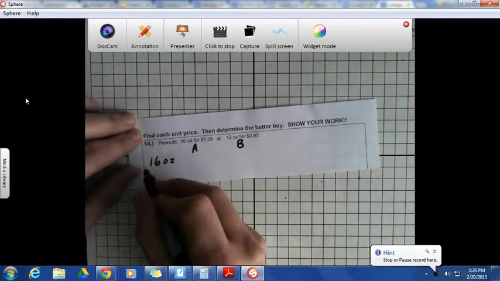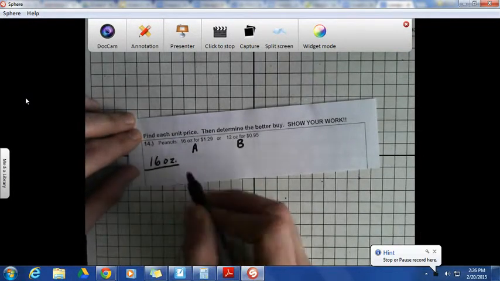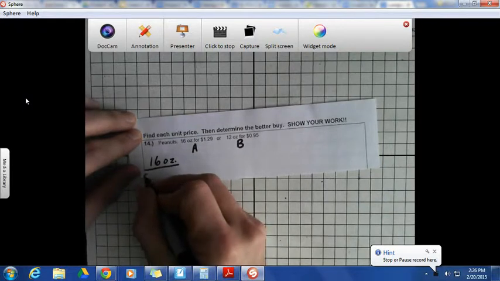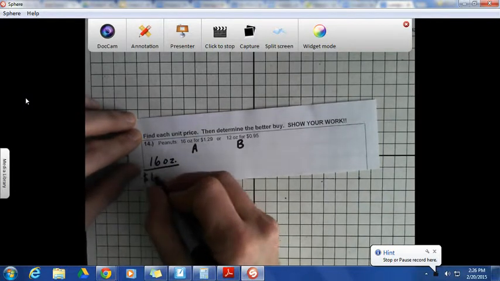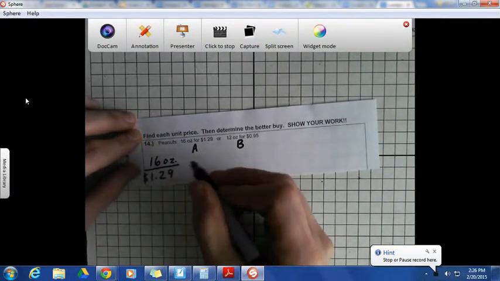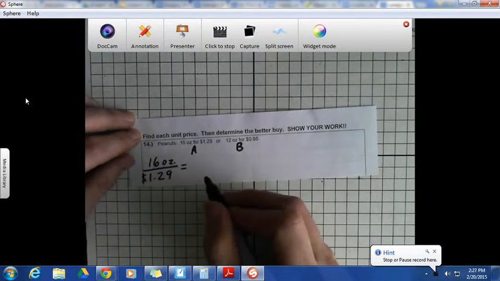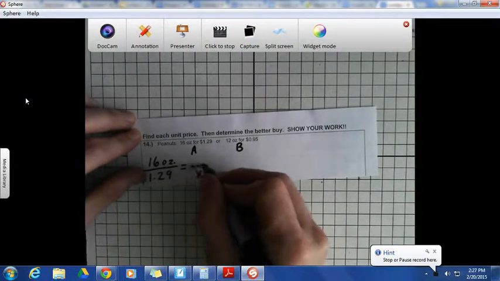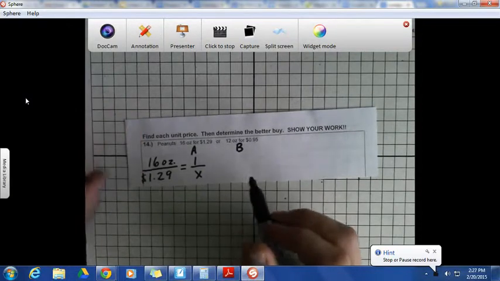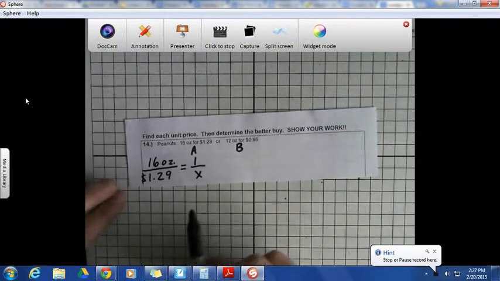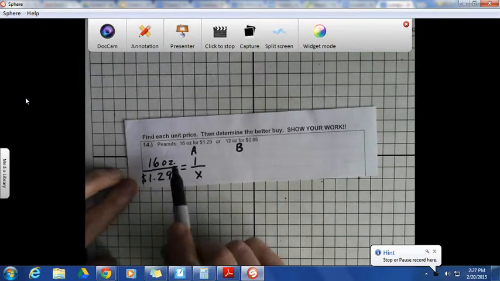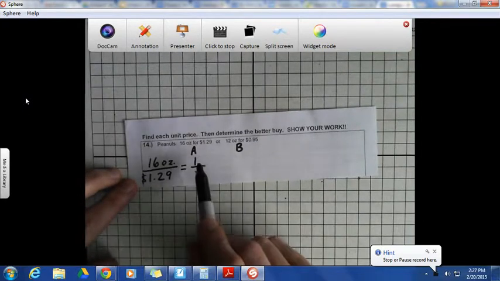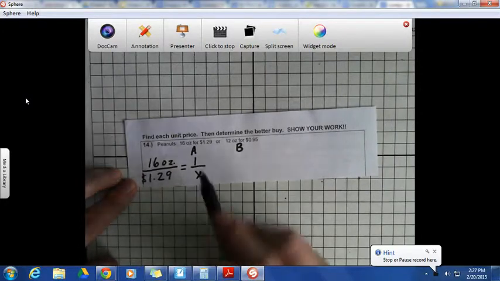I'm going to use labels here so I don't confuse ounces and dollars. 16 ounces for $1.29. So the question is, how much would 1 ounce cost? So the unit rate in ounces. So I set up a proportion. 16 ounces cost $1.29. 1 ounce would cost how much?